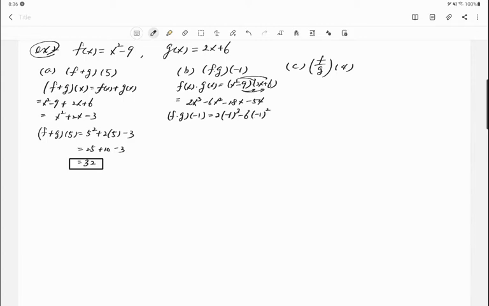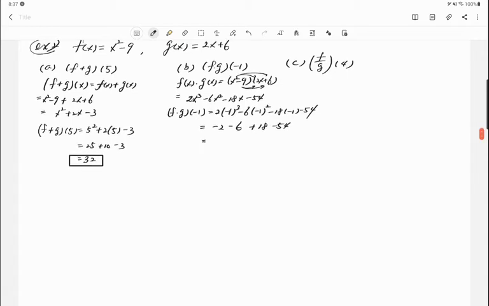When you replace x with a negative number, put parentheses. It's a safe way. Then negative 1 minus 54. Negative 1 is multiplied 3 times, so the sign is negative. So negative 2 minus 6, and then plus 18 minus 54. Then that is negative 30, 10. Wait a second.